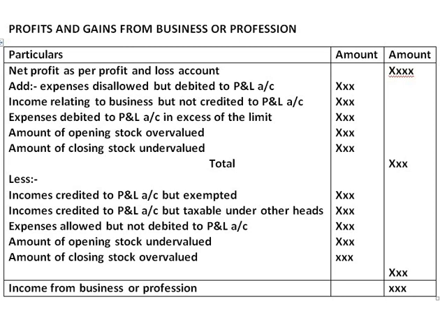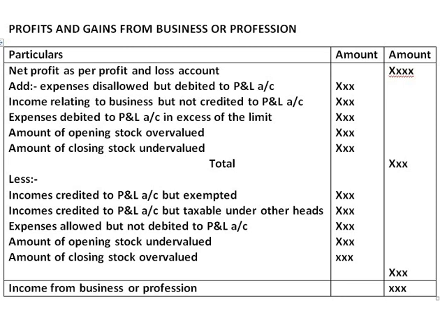Next is, if the amount of opening stock is overvalued, then your profits will be shown less. Therefore, to arrive at the actual profit, you should add back the amount by which opening stock is overvalued. For example, the actual amount of opening stock is 20,000 and you have valued and taken it as 22,000.